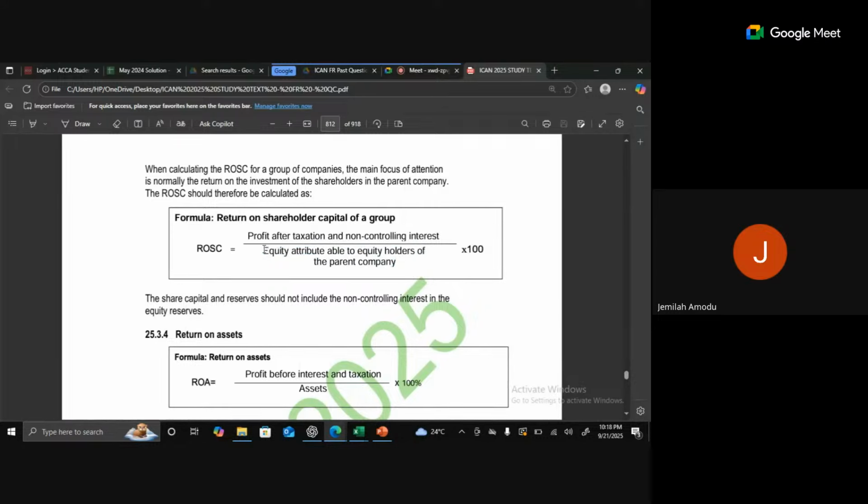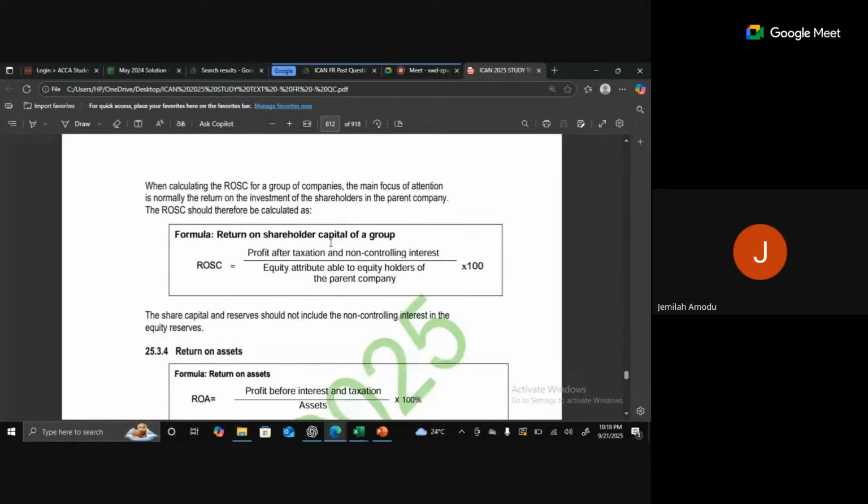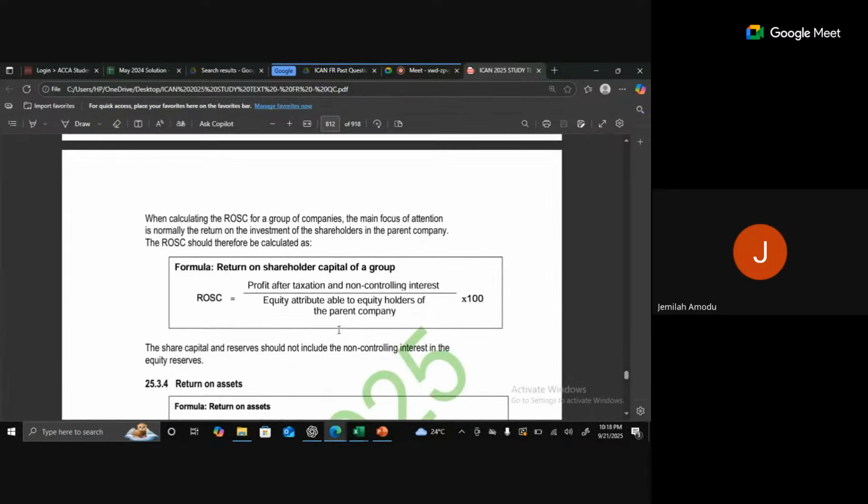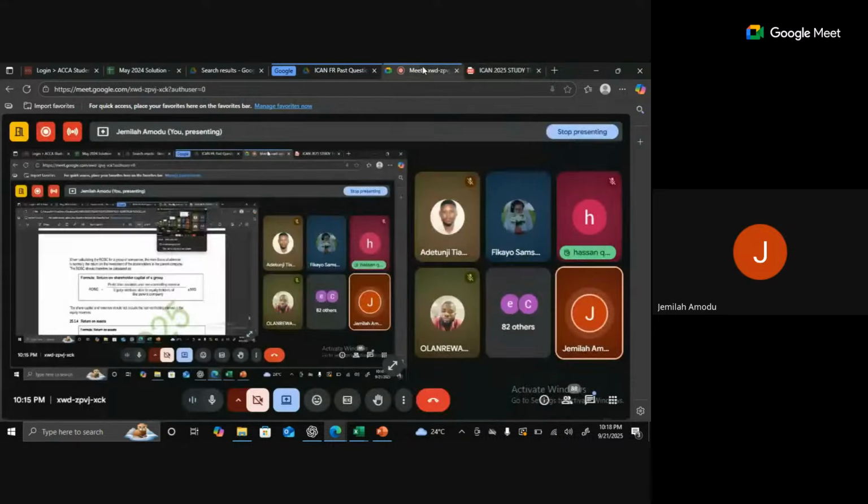That means it is the one that relates to the parent company alone that you're going to consider when it comes to group. So just take note of those little differences. For your return on capital employed, you're still considering your non-controlling interest in your capital employed. But for this one, we are looking at the return on share capital. So you have to remove non-controlling interest.